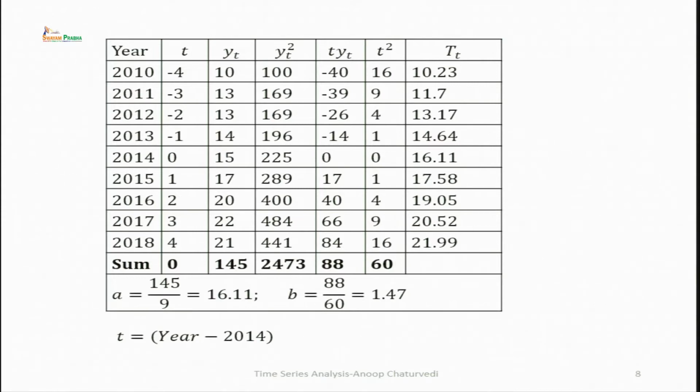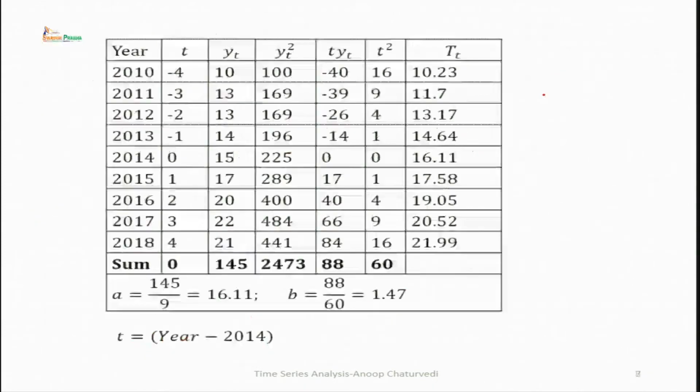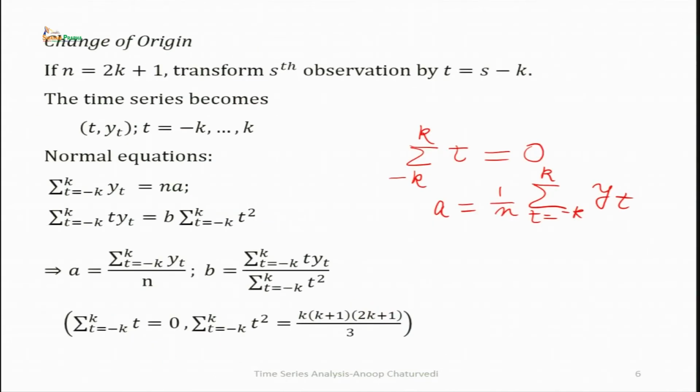Now, you can easily obtain the values of a and b. What is a? A is equal to summation y t by n. So, summation y t by n is equal to 16.11. Then you can easily obtain the value of b also. After this transformation, the value of b becomes summation t y t upon summation t square.